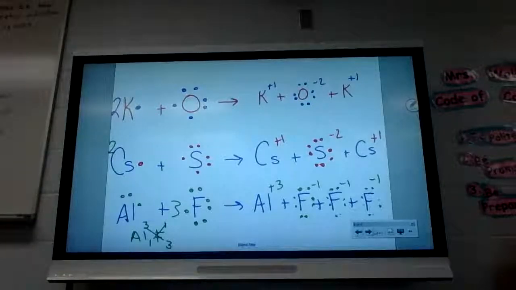Okay? All right, so now we're going to talk about the properties of metallic, ionic, and covalent bonds. Now, I don't know how you want to do this. I used to tell people to make a chart. Some people didn't like the chart. I'm going to use whiteboards or a board per type of bond.